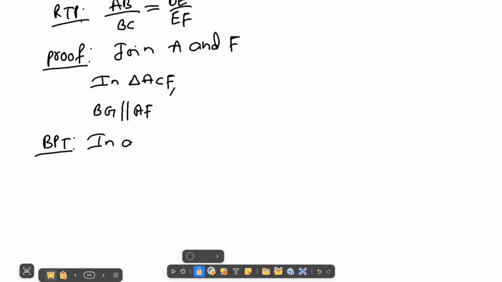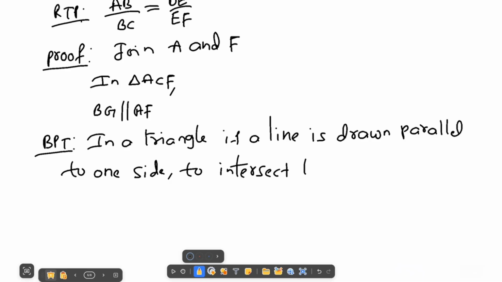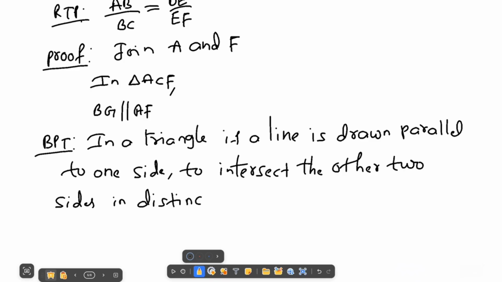In a triangle, if a line is drawn parallel to one side to intersect the other two sides in distinct points, then the other two sides are divided in the same ratio.